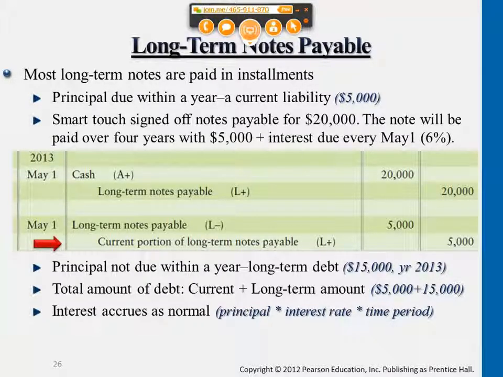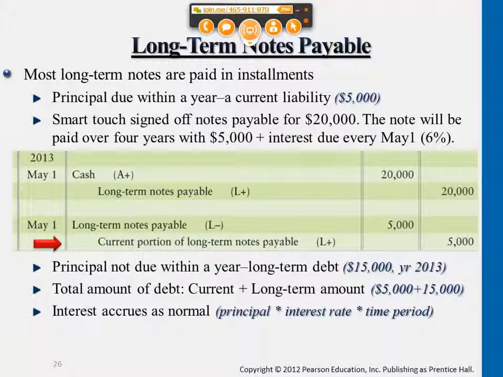Another $5,000 after the second year, another $5,000 after the third year, and then the very last year also the additional $5,000. So this $5,000 that will be due immediately the following year is, in a sense, not a long-term note payable, because it only has a lifetime of 1 year.